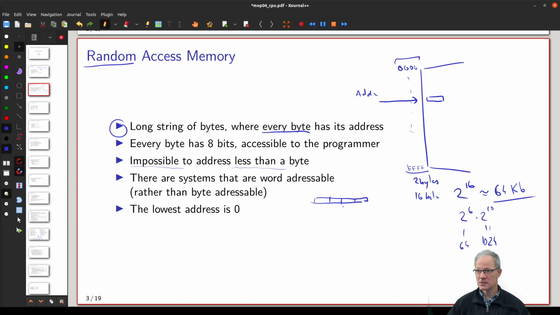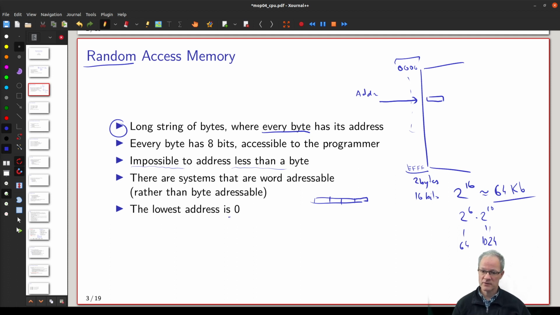But for those computers, while we are saving some space in the addressing field, we can use fewer bits to address larger memory, we are losing the ability to actually address smaller chunks of that word. So for example, what if we need to store only 1 byte? We're still going to have to use the whole word, because that's what we can access, right? So that's how it is.